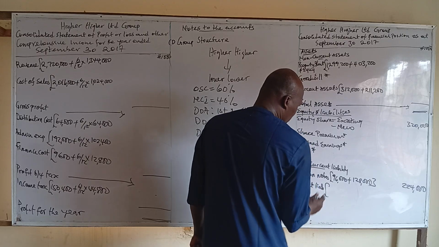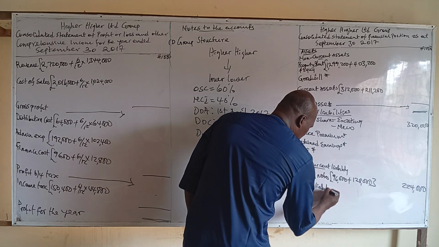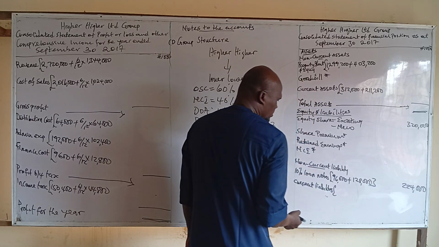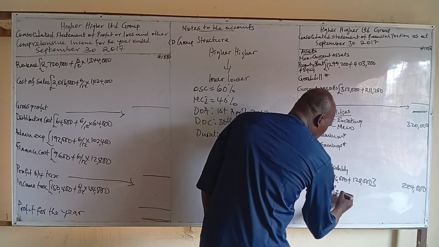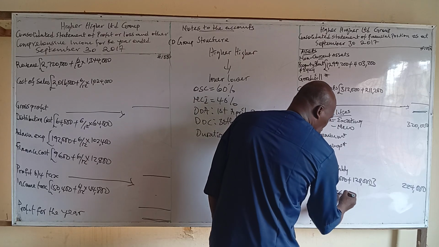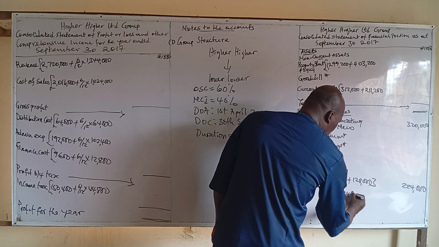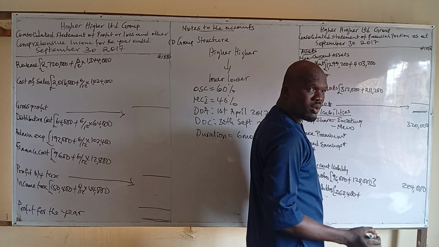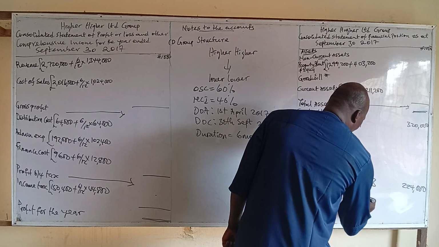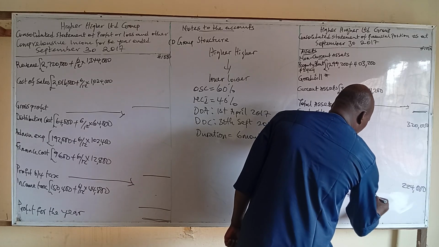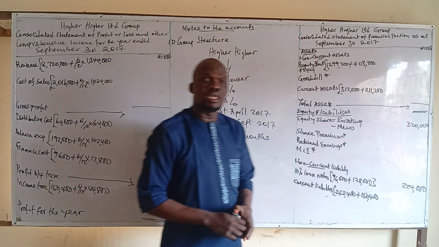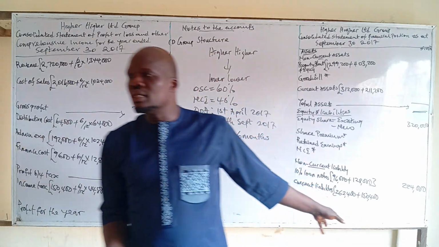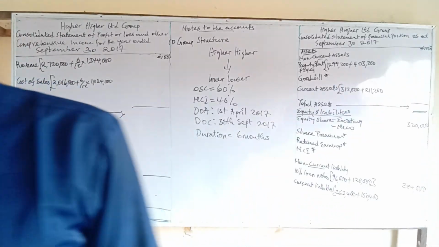What do we have? 262,400 for the parent, plus that of the subsidiary, 150,400. Don't sum the two figures, just leave it, because there is additional information on that.